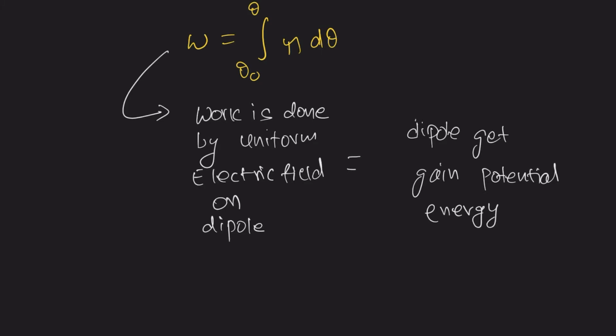So here dipole takes work. That means it is converted to stored energy. That stored energy is called here potential energy. So here work is nothing but potential energy to the dipole. So potential energy to the dipole, theta naught to theta, torque formula, that is Pe sin theta into d theta.